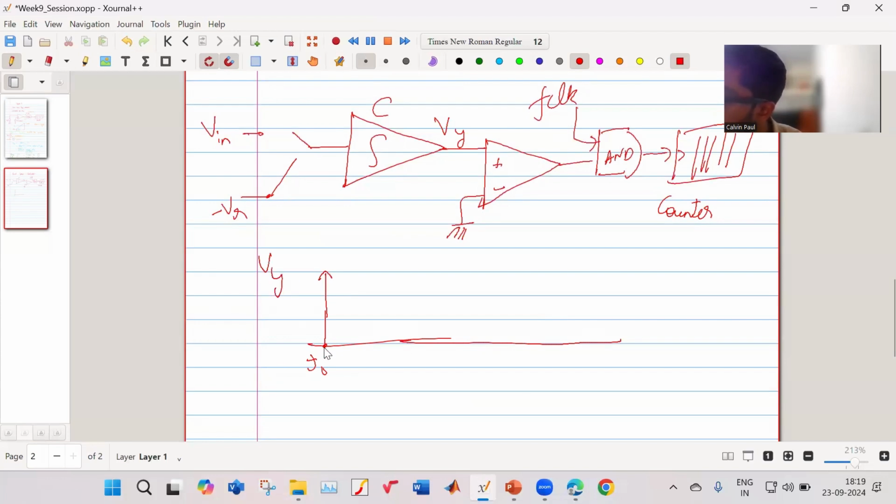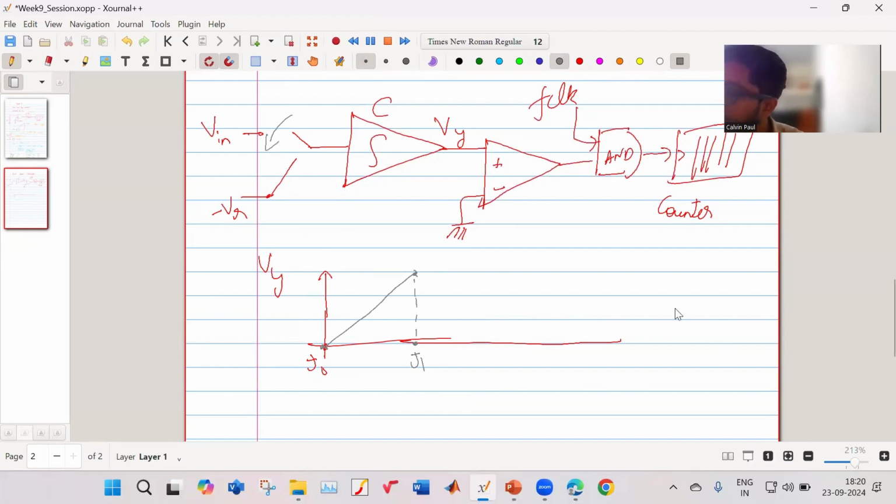At time t0, Vy value is 0. Then Vin will be connected. So it will increase like this, and it will reach some value. So this is a time t1.